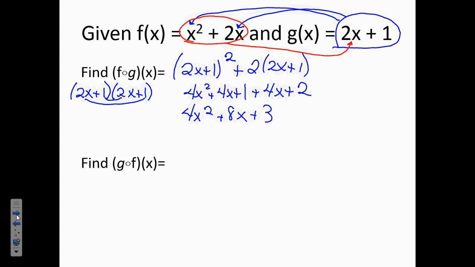So g composed with f is going to be 2 times this, x squared plus 2x, plus 1 more. Then simplify. And we can't combine anything else, so we're done.